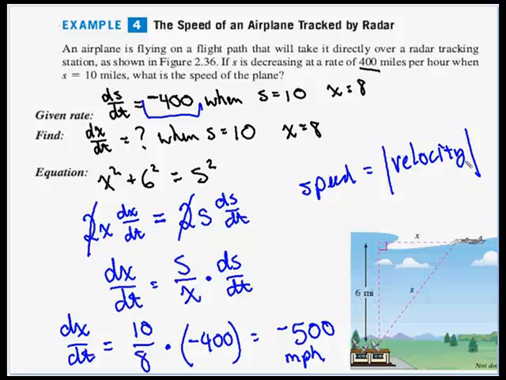Velocity has direction. Because we're heading toward the station, the velocity is negative. If we were headed away, that velocity would be positive. But no matter what, if you take the absolute value of velocity, that is the speed of the airplane. That would be a nice little twist on an AP type multiple choice or free response question. So here our speed is 500 miles per hour.